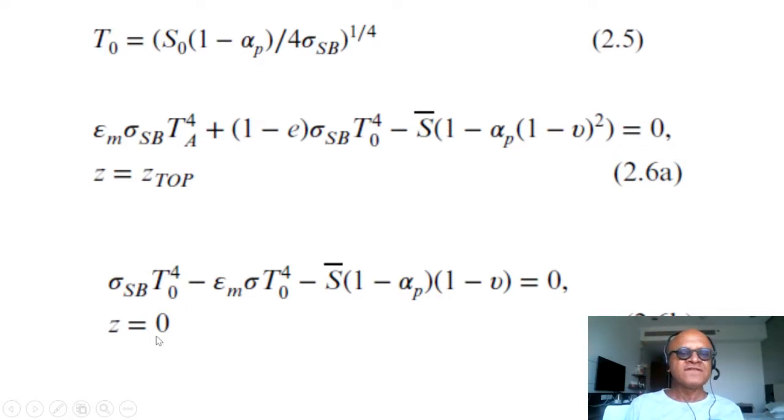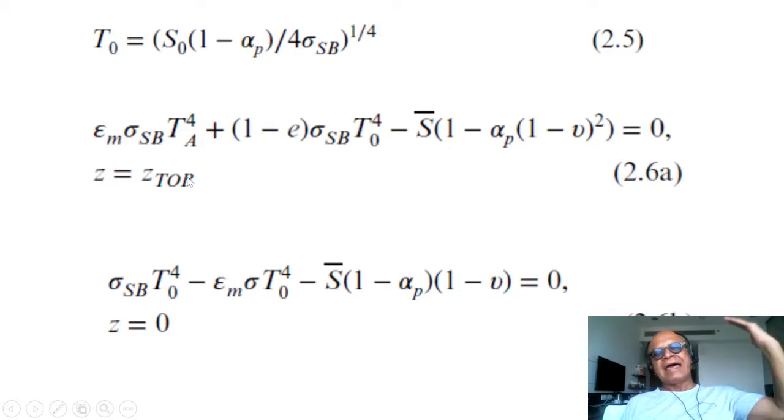If you go to the surface, obviously the surface is emitting at its temperature. It's also got an absorptivity of epsilon m, so we are combining the two here. And then it's receiving the solar coming in depending on the absorptivity of the atmosphere.